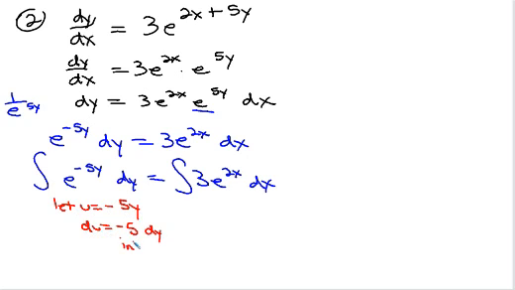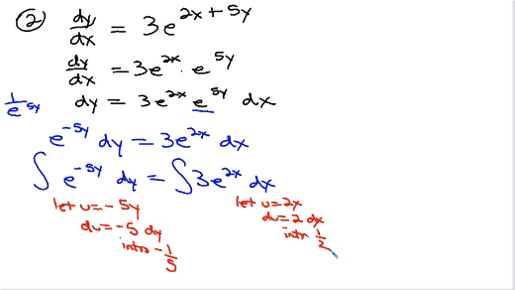I need to introduce a -1/5. On the right side, I would let u equal 2x, du equals 2 dx. I need to introduce a 1/2 over here.